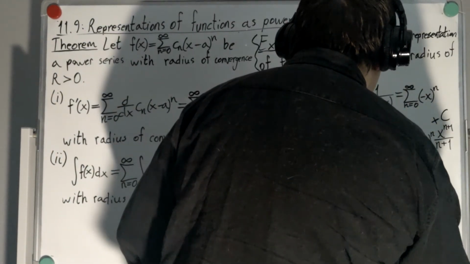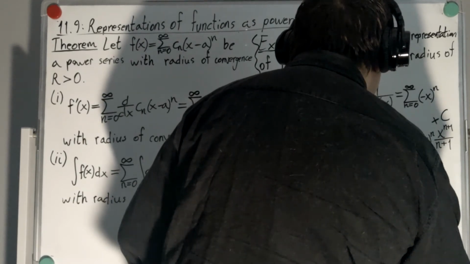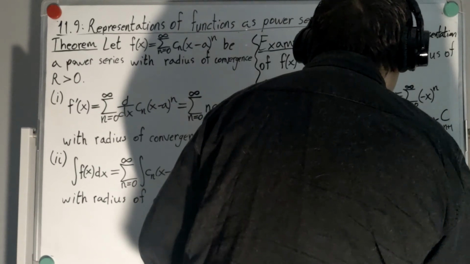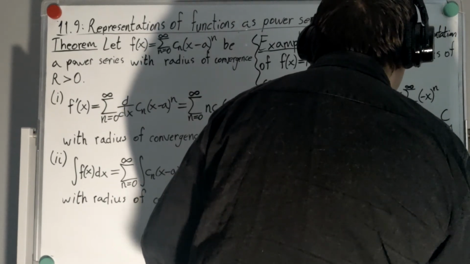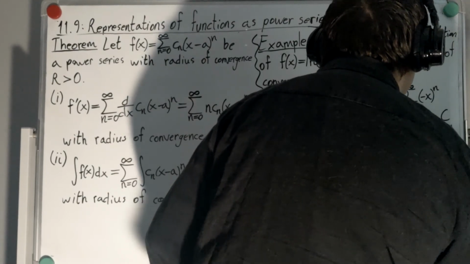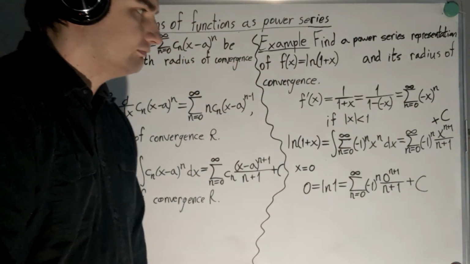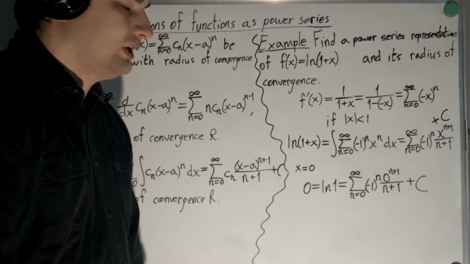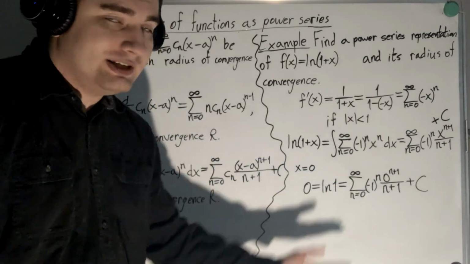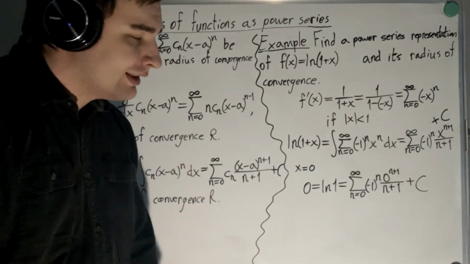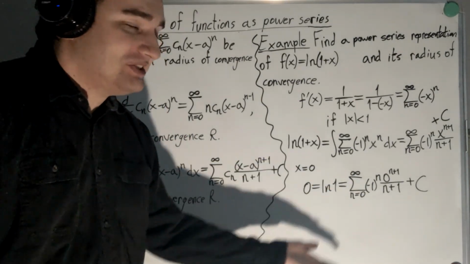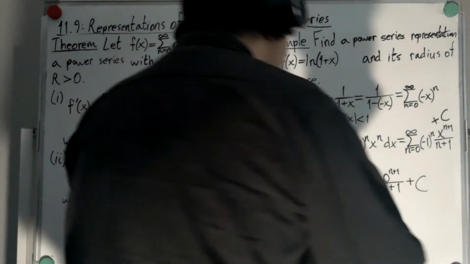And according to this, that is the same thing as the sum from n equals 0 to infinity of negative 1 to the n times 0 raised to the n plus 1 over n plus 1, plus c. Now, 0 raised to the n plus 1 is of course 0, which means that every single one of these terms is going to be 0. So the sum is 0. So 0 equals 0 plus c, and that makes c 0.